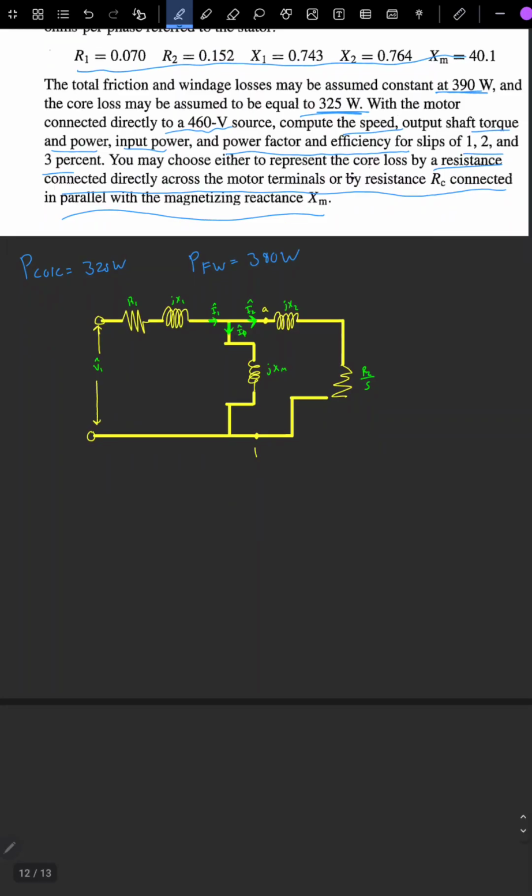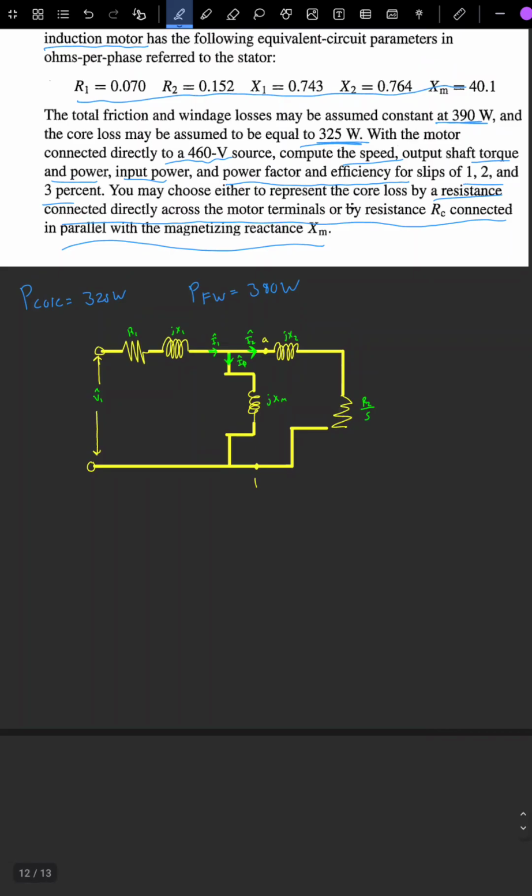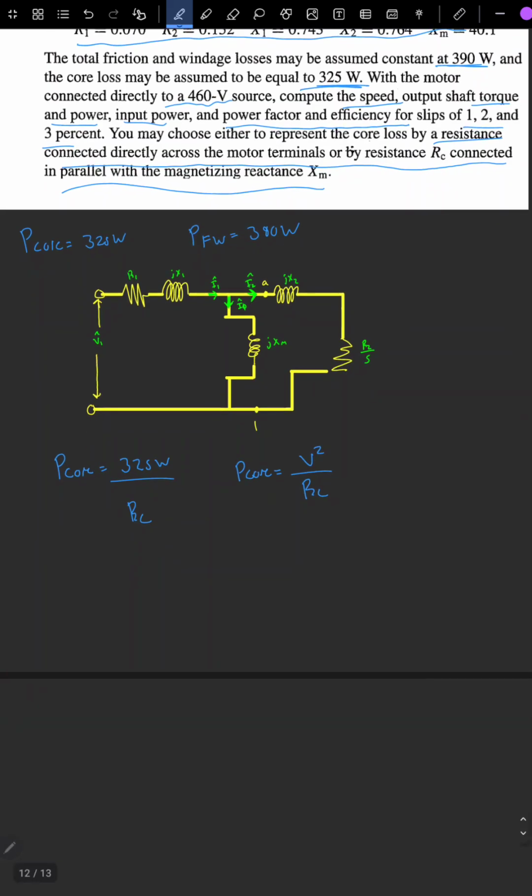So in class, what he did is he uses that P core, which equals 325 watts, and he uses that to find RC, because we know P core equals the voltage squared over RC, where RC is going to equal V squared over P core. And then you solve exactly like you did last problem.